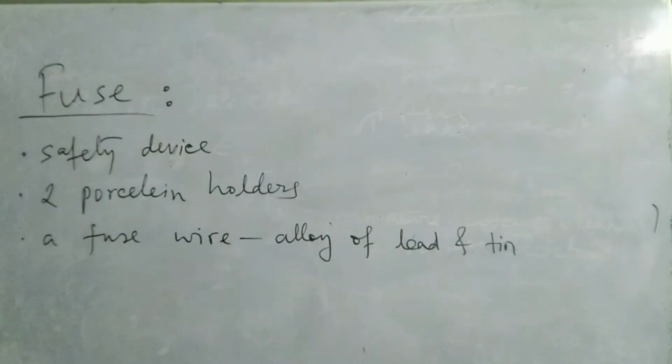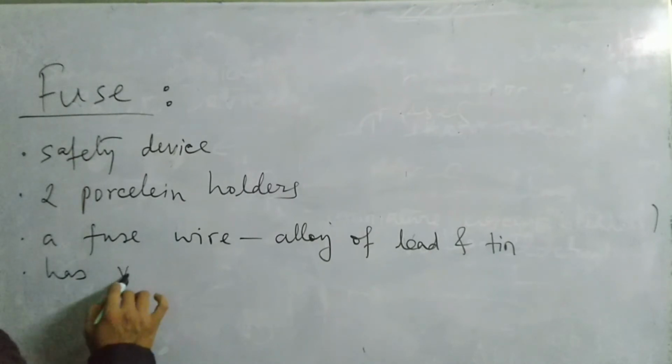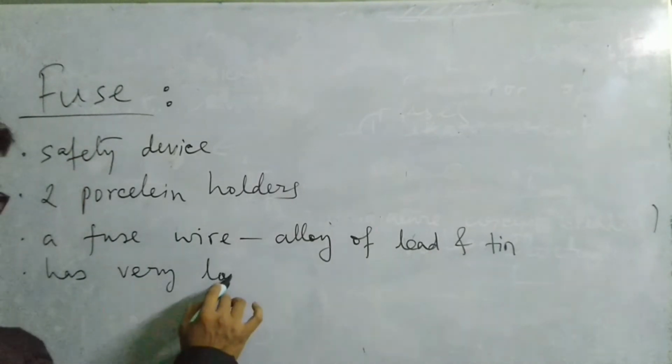But for a fuse wire, there are certain features it should have. I'll point them out. First write down these three points: the fuse is a safety device, it has two porcelain holders, and a fuse wire made up of an alloy of lead and tin. Now, this alloy of lead and tin has a very low melting point.